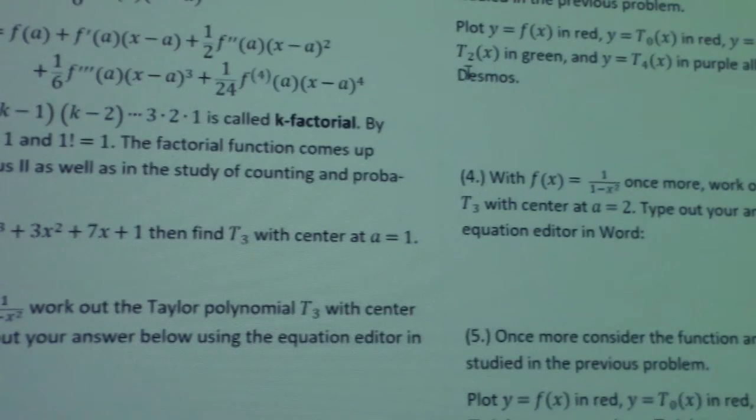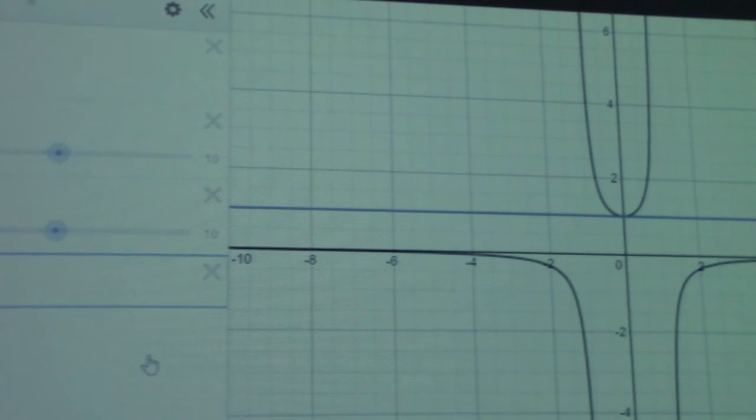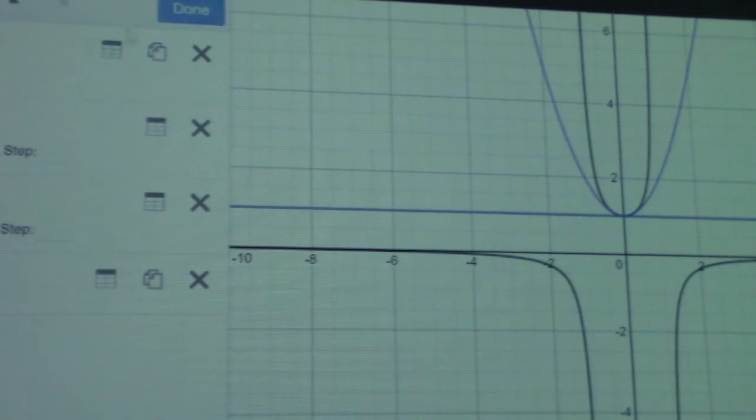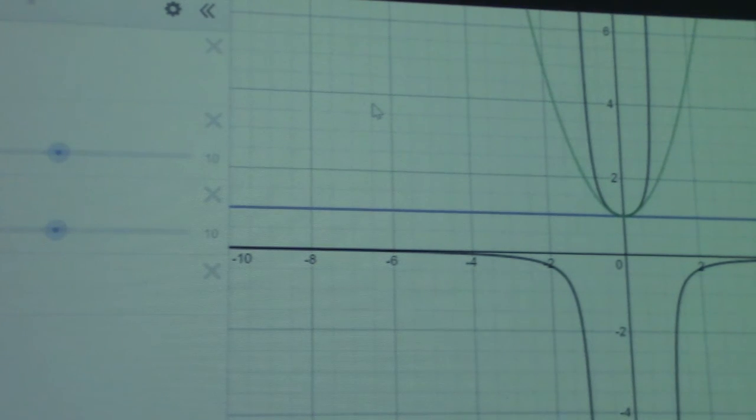T2, though, that's more exciting. What's T2? So T2 here is 1 plus x squared.